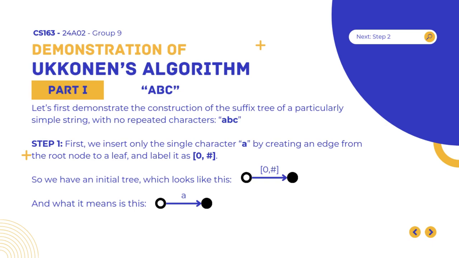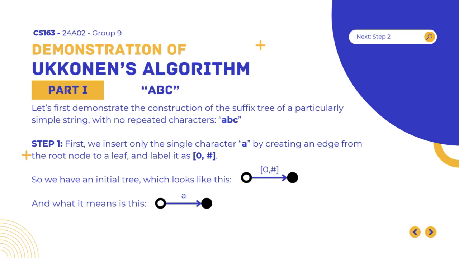Let's first demonstrate the construction of a suffix tree that is very simple, with only 3 characters: A, B, and C. We build the suffix tree step by step. So first, we will create the suffix tree for the first character, A. We insert A into the root node, and we label it 0, hash.